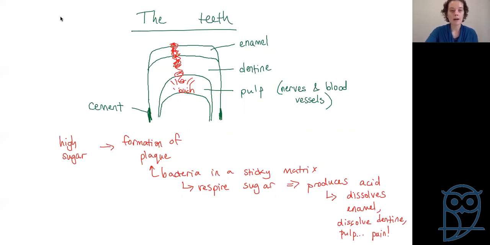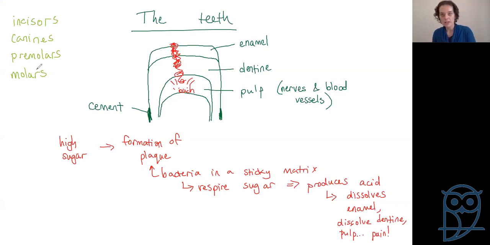We can be talking about your incisors, your canines, your premolars or your molars. They all have the same basic structure, and therefore they've all got the same basic effect of high sugar leading to bacteria, leading to respiration, leading to acid and the dissolving of the enamel.